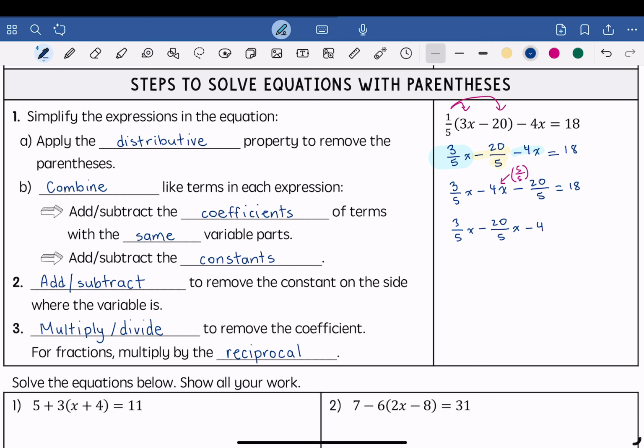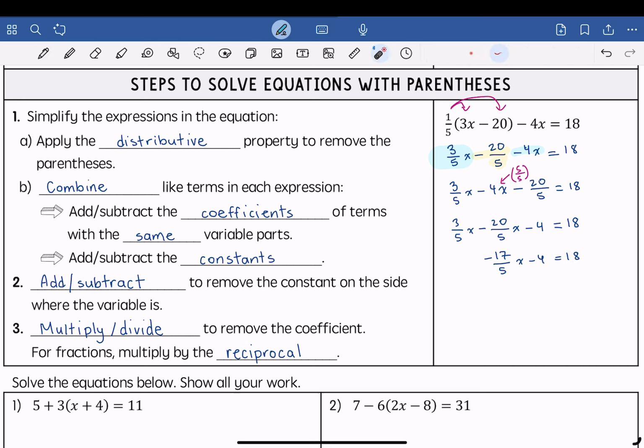So I'll just reduce that fraction. I could have reduced it earlier. Is equal to 18. So 3 minus 20 is negative 17 over 5x minus 4 is equal to 18.